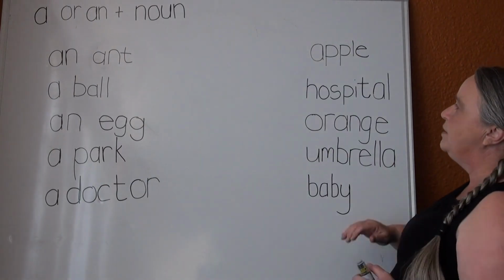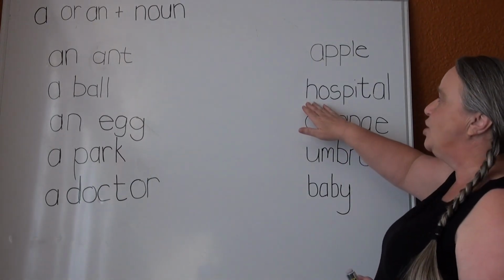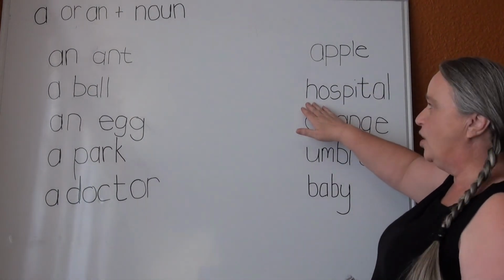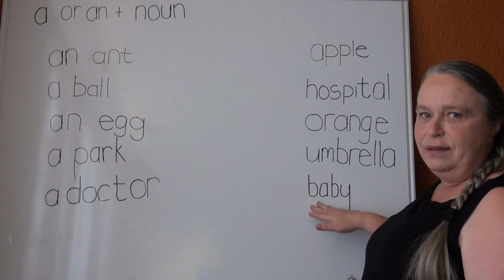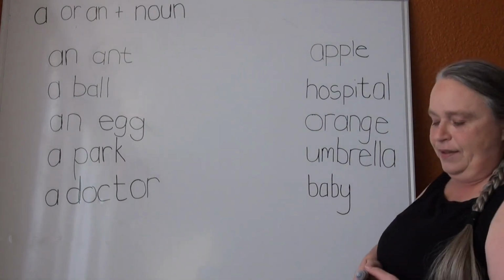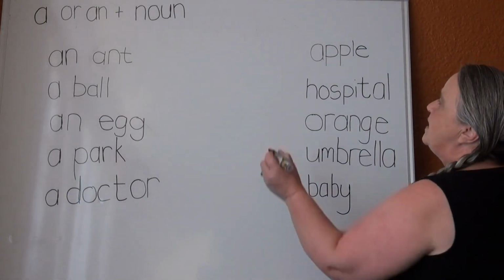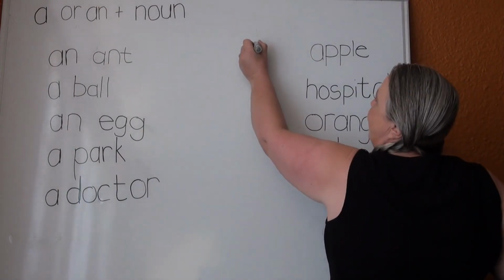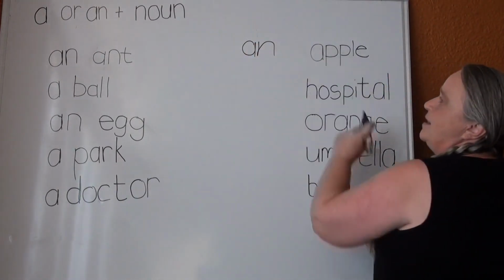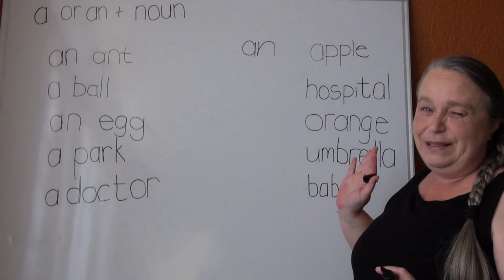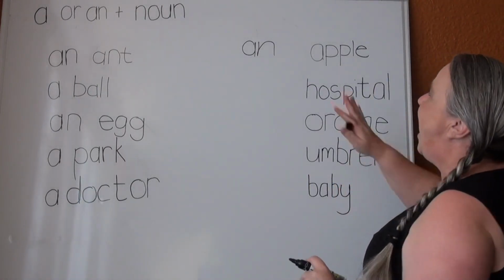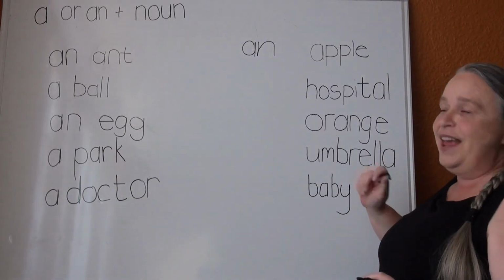And when a noun starts with a consonant, like H in hospital or B in baby, it will be a. So we will say an apple. Sorry, my writing is a little bit skewed today.